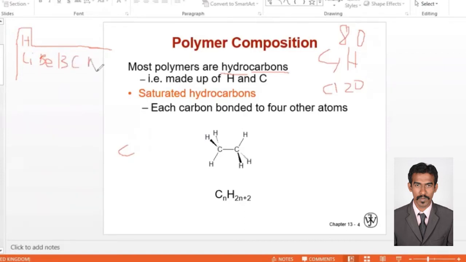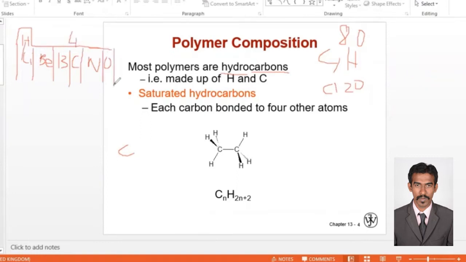Then you have nitrogen, oxygen. My concern is only carbon now. So carbon is in the fourth group.